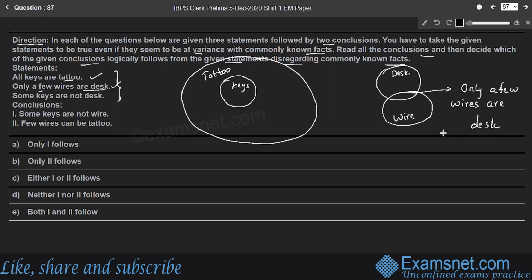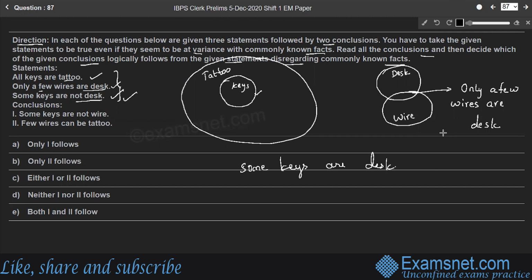Third statement, some keys are not desk. So here is set of keys, right? Though there is no direct relationship between keys and desk in Venn diagram, according to third statement, some keys are not desk means some keys are desk. Some keys or few keys are desks.